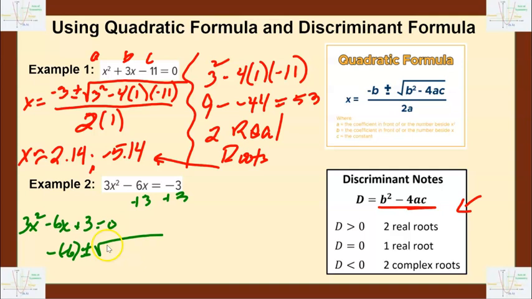So now our b is going to be a negative 6 squared. Make sure you put that in parentheses. Minus 4 times our a, which is 3, times our c, which is a positive 3. Going to divide all that by 2 times 3.